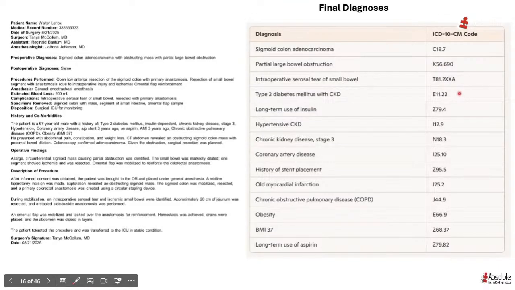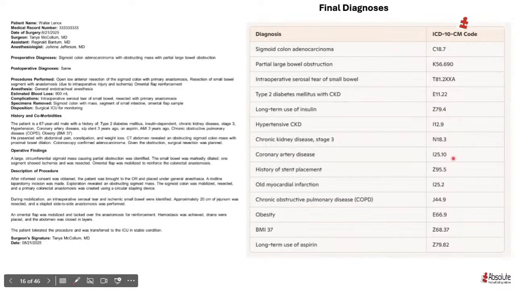Also, type 2 diabetes mellitus with CKD, long-term use of insulin, hypertensive CKD, chronic kidney disease stage 3. So both of these are going to be coded. You know, the presence of CKD and HTN changes it to hypertensive CKD.